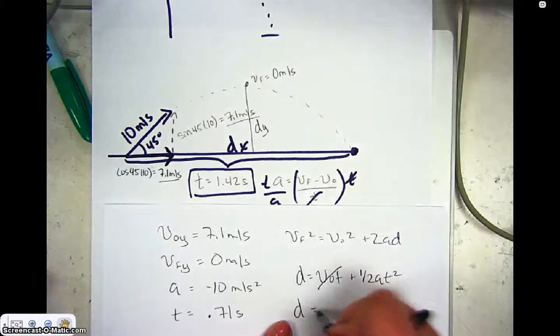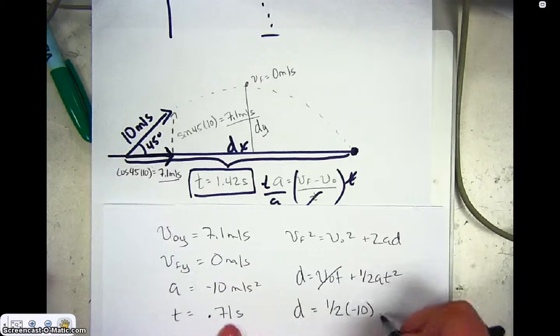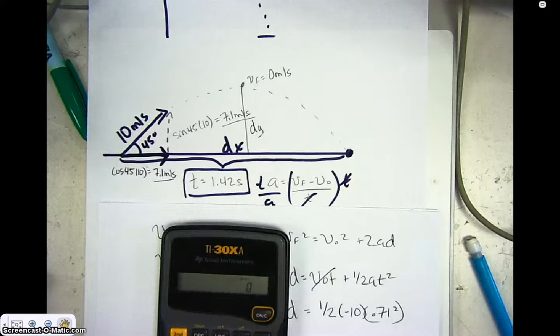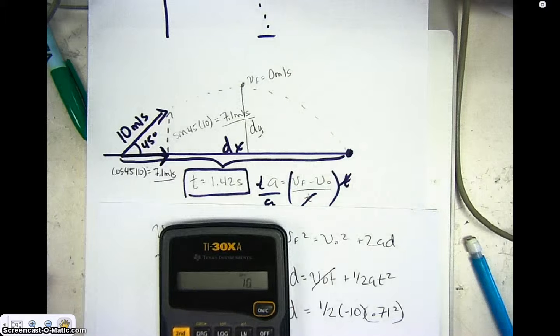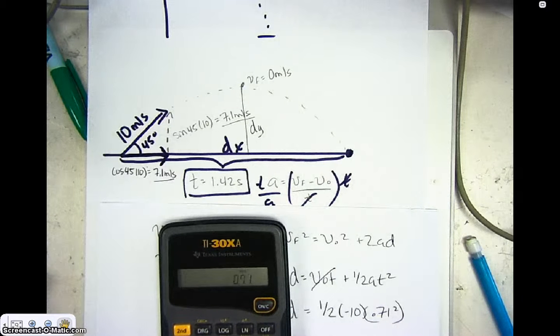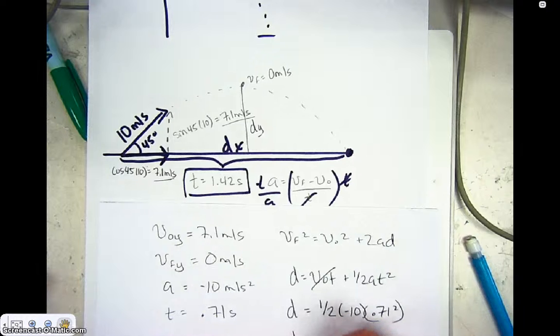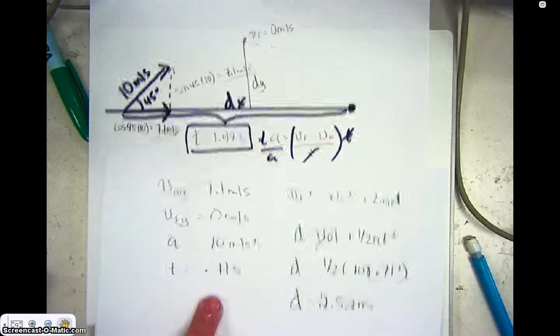So I get d is equal to 1/2 of negative 10 times 0.71 squared. Okay, either way I do it, I should get exactly the same answer. 0.5 times 10 times 0.71 squared. It's going to be 2.52 meters. So my displacement in the y direction is 2.52 meters.